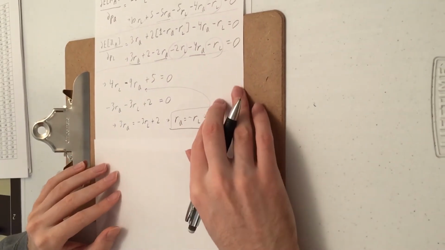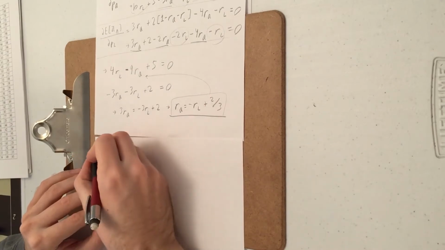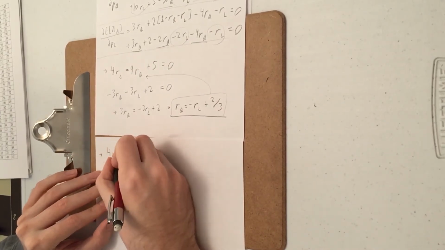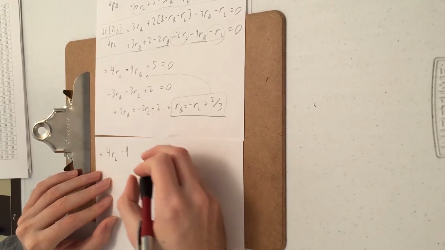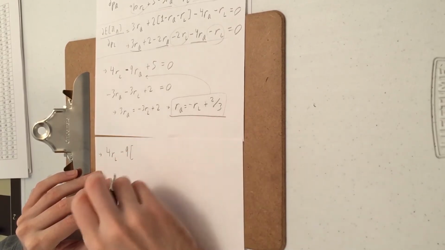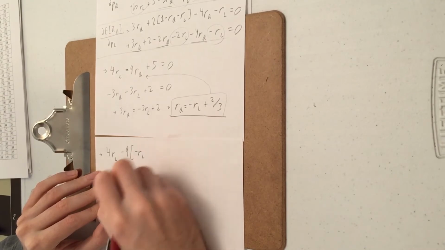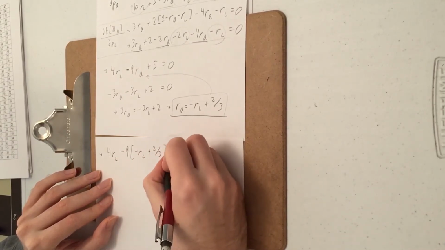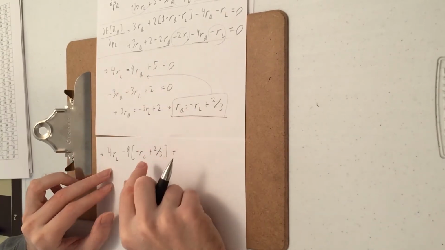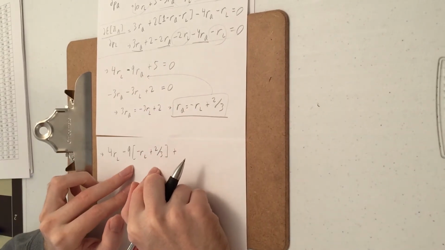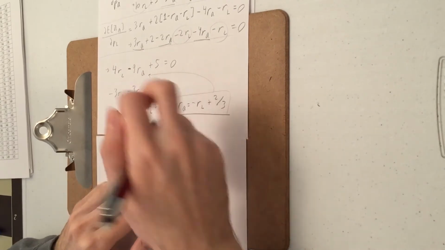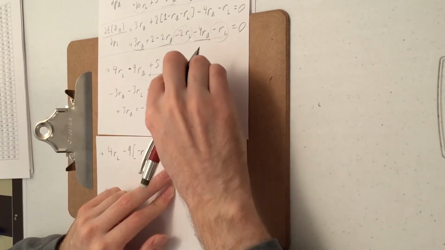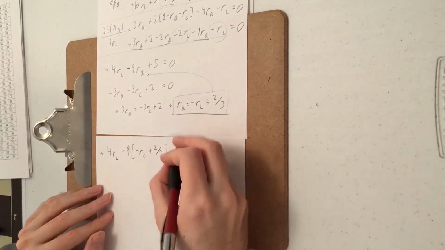So what does that give us? So I have my 4RL minus 9 times RA, but I know RA is this. So 4RL minus 9RA plus 5 equals 0.